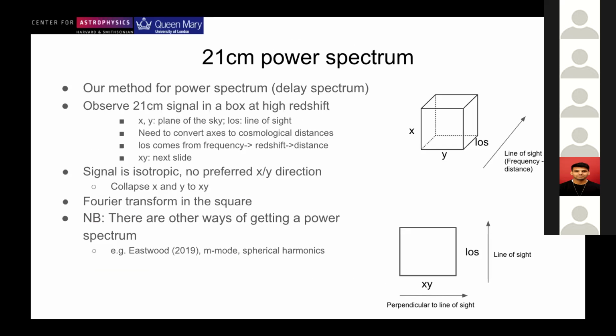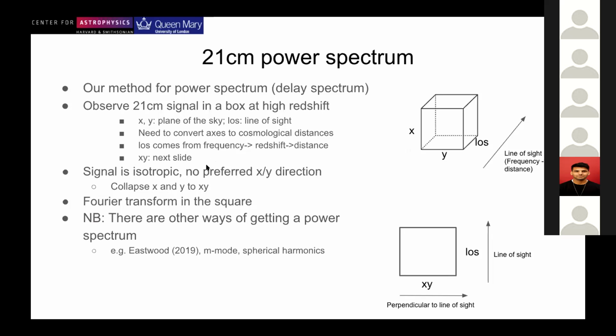I'll just go through our method for power spectrum generation, which is a delay spectrum method. So we start with the idea of observing the 21 centimeter signal in a box at high redshift. The XY plane is the plane of the sky, and the line of sight is observed by using different frequencies. The signal is isotropic, so there's no preferred XY direction.